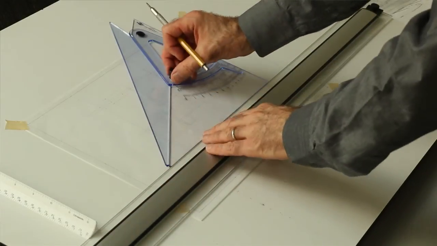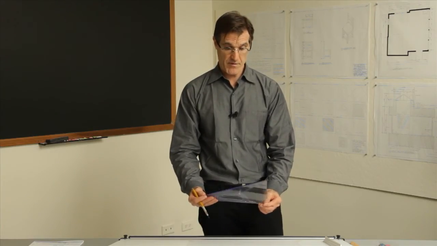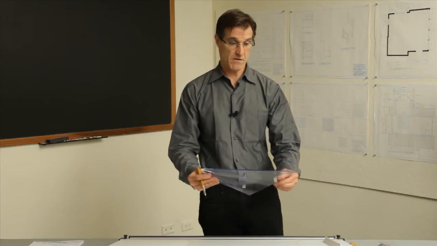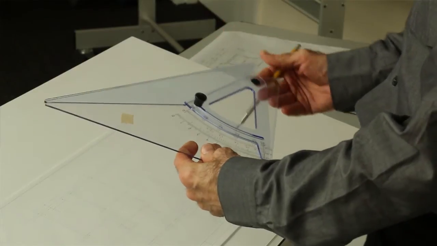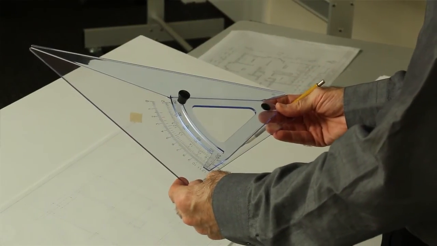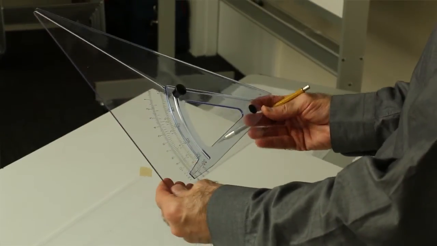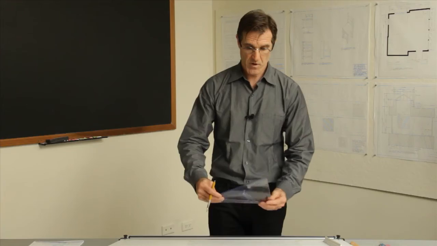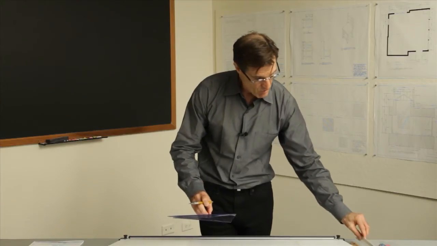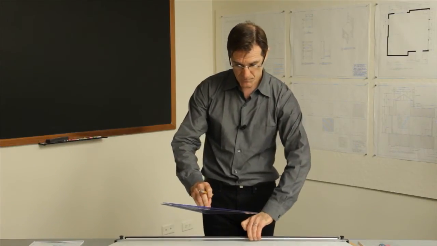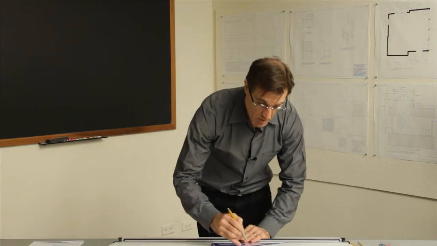We'll use our trusty adjustable triangle, and you remember how that works: when it's closed, it's in a 45 degree position, 45 degrees and 45 degrees. We have the long leg and the short leg. Creating a 45 degree right leaning angle, we use the long leg against the parallel rule.